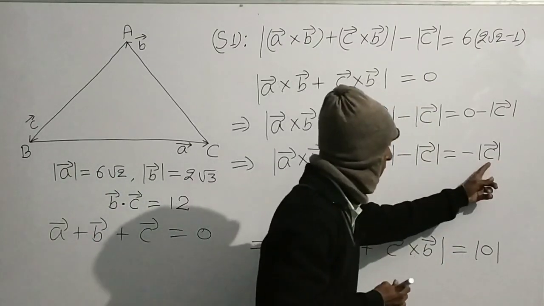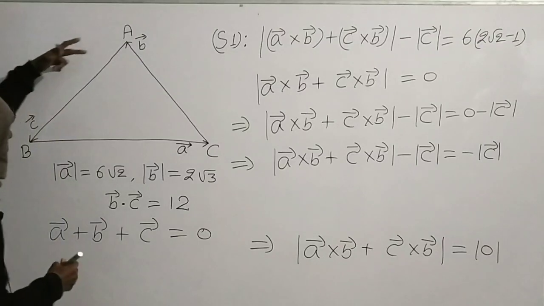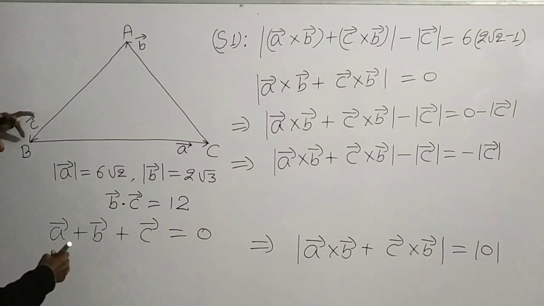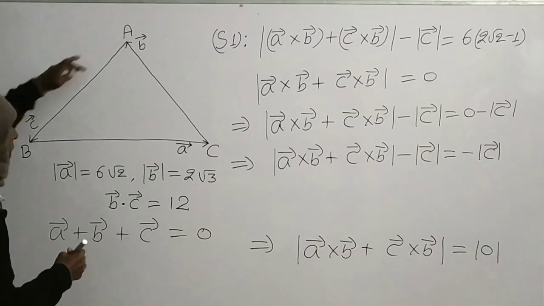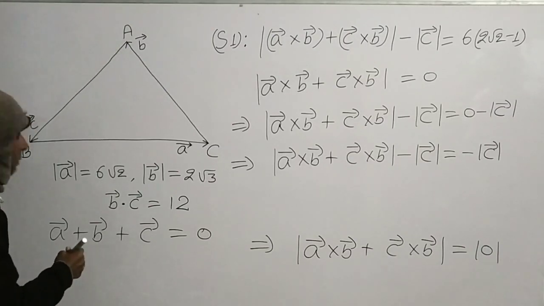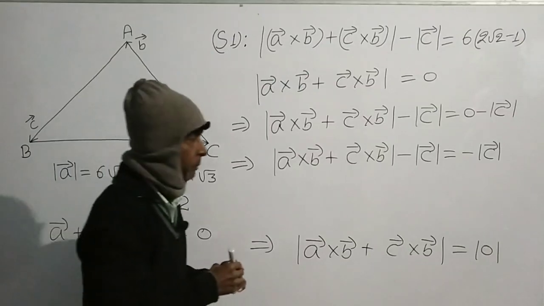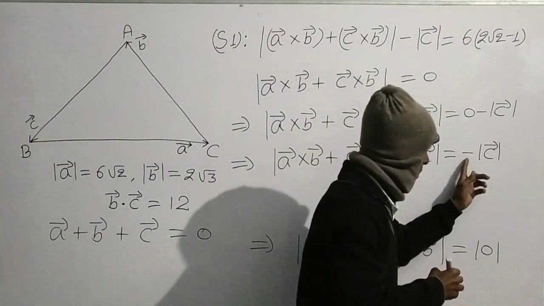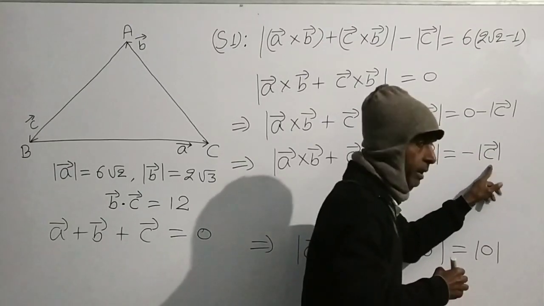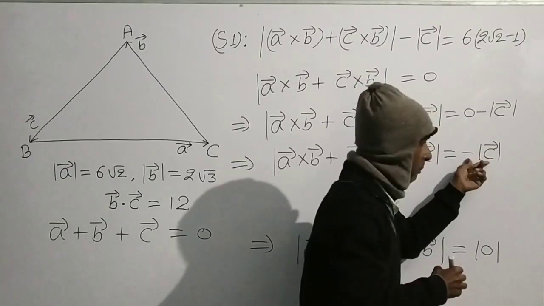Mod of C means length of this side. Since this is side of a triangle, therefore its length will be some positive number, and minus sign prefixed before a positive number gives a negative number.